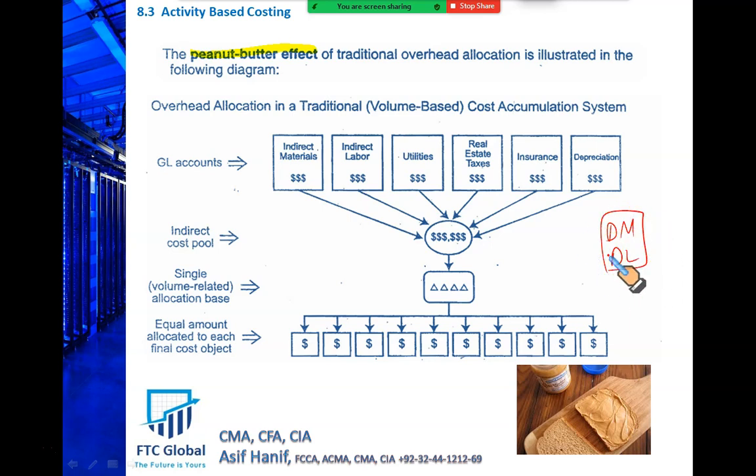It's easily identifiable in the end products, right? The problem is with the manufacturing overhead, which we call the indirect cost. And we know they are of two types, fixed and variable. And what are these manufacturing overheads? Indirect material, indirect labor, electricity, gas, water, taxes, insurance, depreciation, so on and so forth.